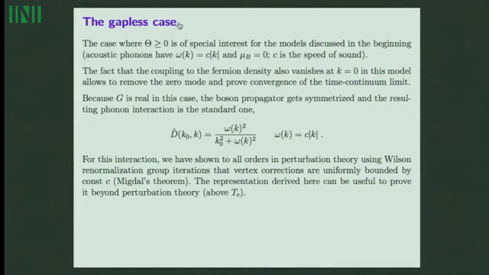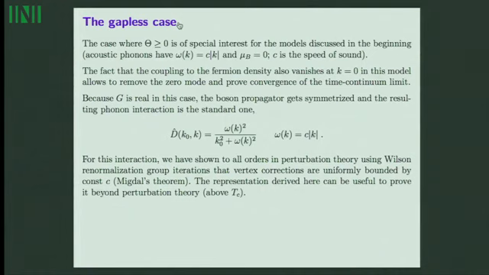And something you always have in a solid are acoustic phonons. They are Goldstone bosons of translation symmetry breaking, and they typically have a dispersion which is linear at small k, so some velocity of sound times absolute value of k.